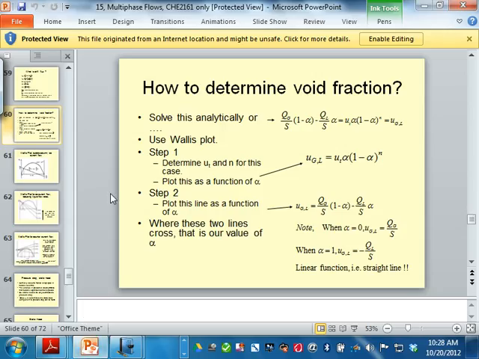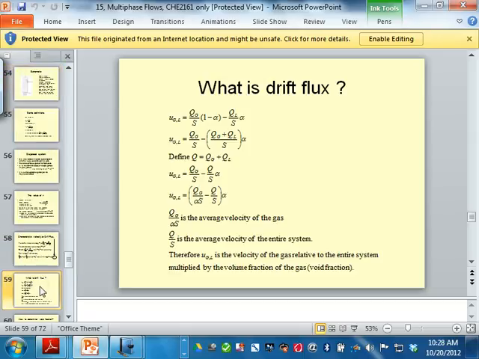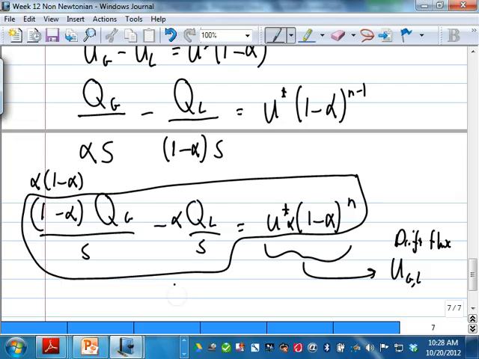But the lecture slides actually talk a little bit more here on what is drift flux. So take a note. We'll actually use this equation here. If you solve this equation here, we can find alpha, but it's a bit difficult to solve.